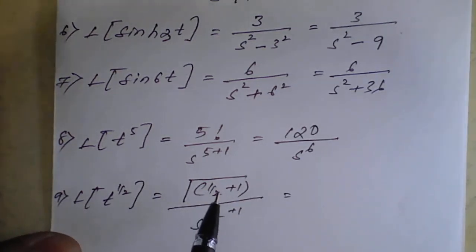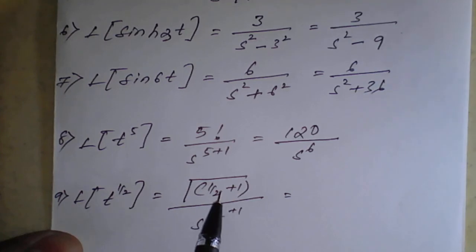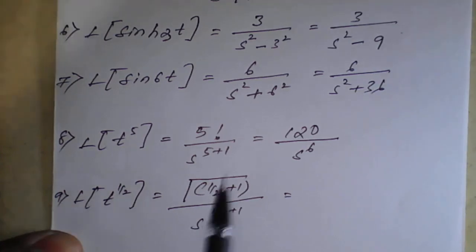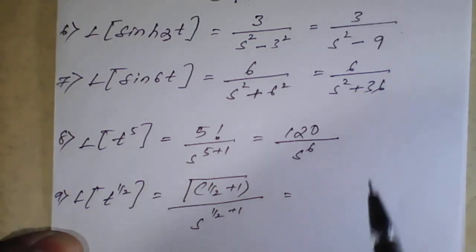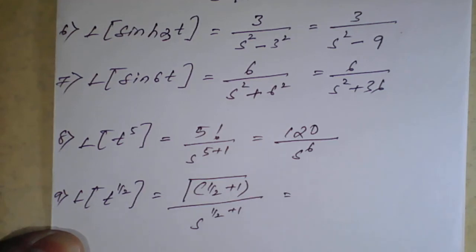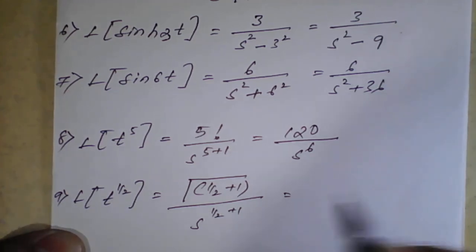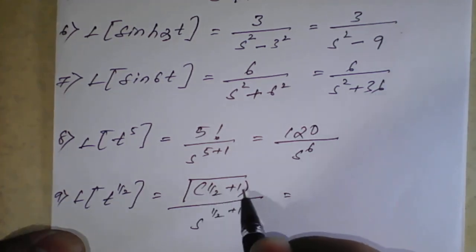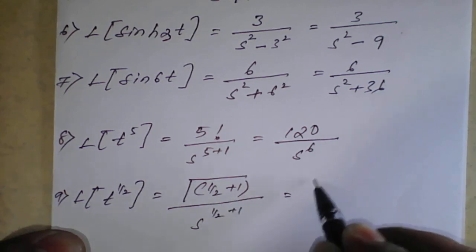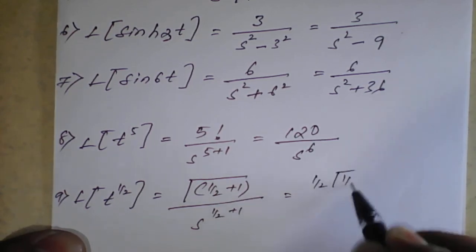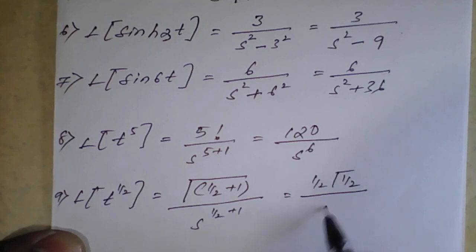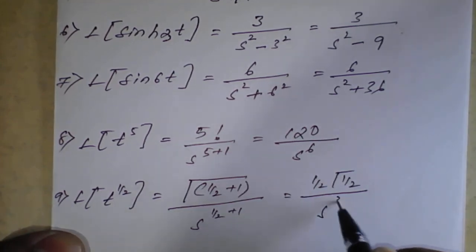We know a few results of gamma. Gamma of 1 by 2 plus 1 can be written as 1 by 2 of gamma of half, divided by s raised to 3 by 2.